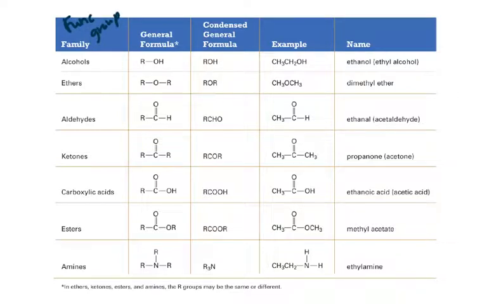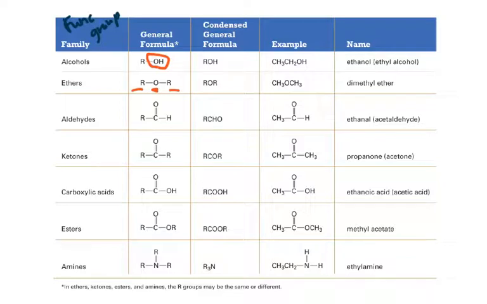All right, this is just a table from the book showing you some of the most common functional groups. And they're just patterns of molecules to recognize. So an alcohol is an OH sticking off of a hydrocarbon. An ether is an oxygen that's sandwiched between two carbon chains. The rest of the molecule is some hydrocarbon.